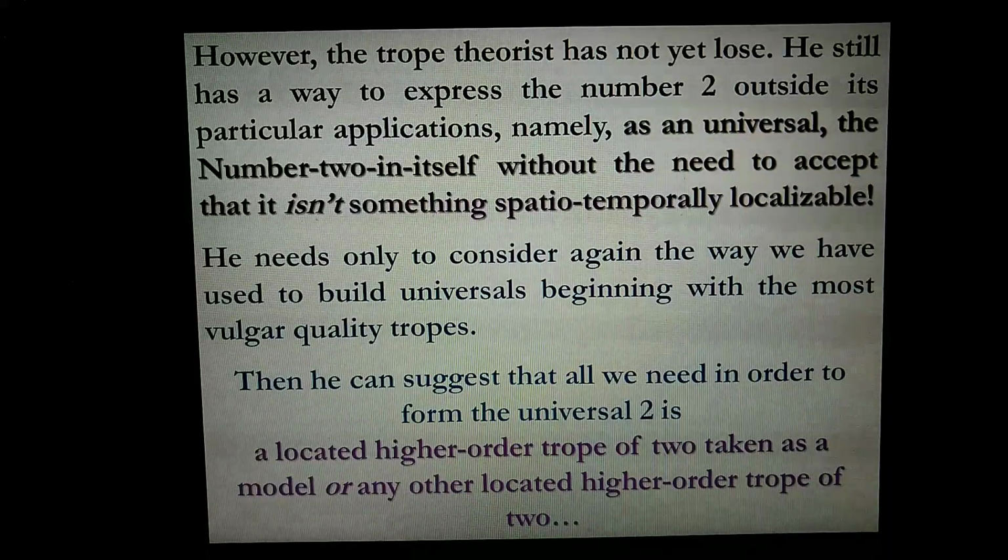He needs only to consider again the way we have used to build universals, beginning with the most vulgar quality tropes. Then we can suggest that all we need in order to form the universal 2 is a located higher order trope of 2 taken as a model, or any other located higher order trope of 2.